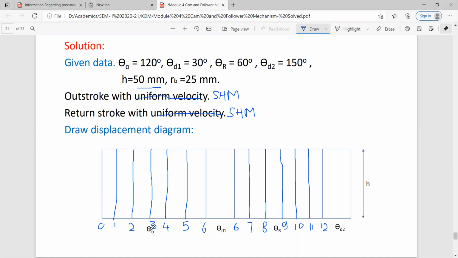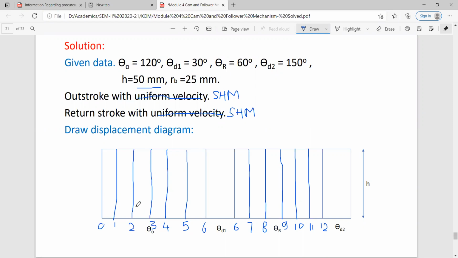So you know that this angle of rise is divided into 6 parts, and during the rise there is simple harmonic motion. Okay, so for simple harmonic motion we know there is a different construction of the displacement diagram.